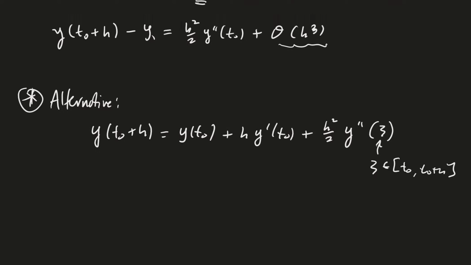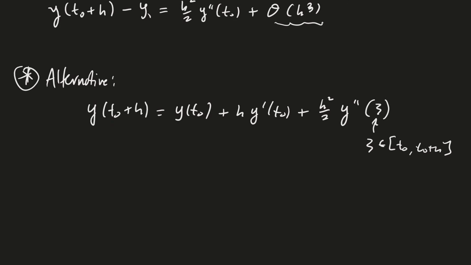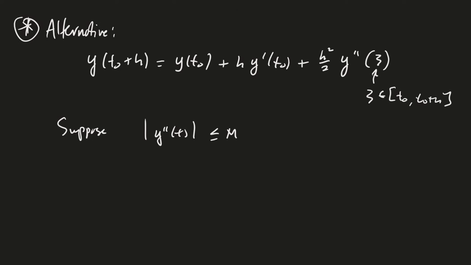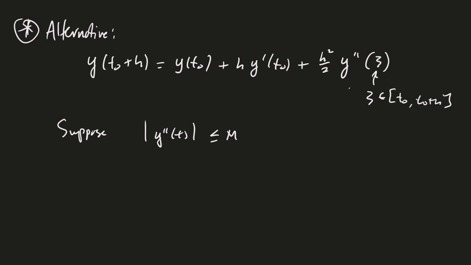So often people will just say, suppose that the second derivative is bounded by some constant M. Then this is even easier to write.